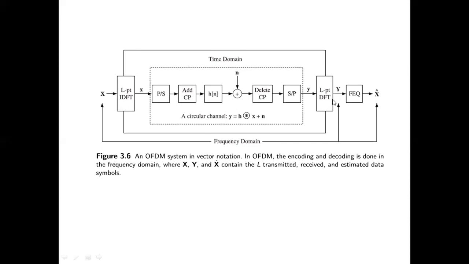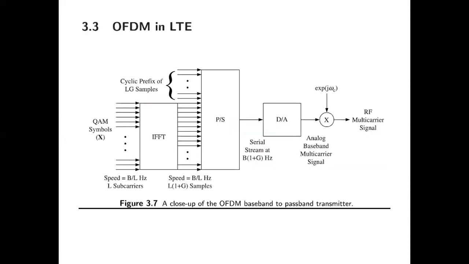Once again, do not use this figure as the block diagram, because there are many confusing things here. They have not done the parallel to serial and serial to parallel steps at the transmitter and receiver, and they have used IDFT instead of IFFT. So how does it work in OFDM in LTE? We will see this in the next video. Let me stop here.